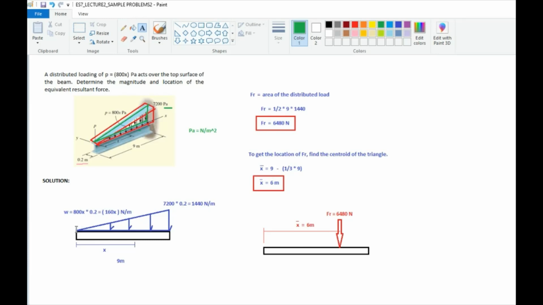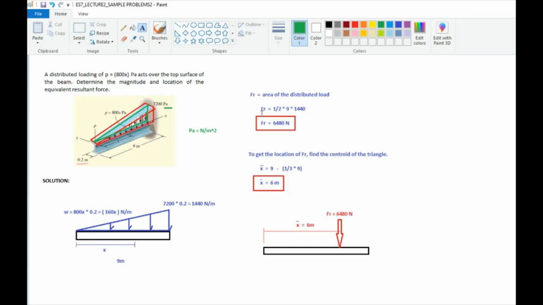Okay. Itong triangular load, we are going to parang pagsasama-samahin natin, parang ganon, no? To express this distributed load into one force, yung resultant force na nga. So, how do we do that? Kukunin lang natin yung area nito, yun na yung magiging value ng ating resultant force.